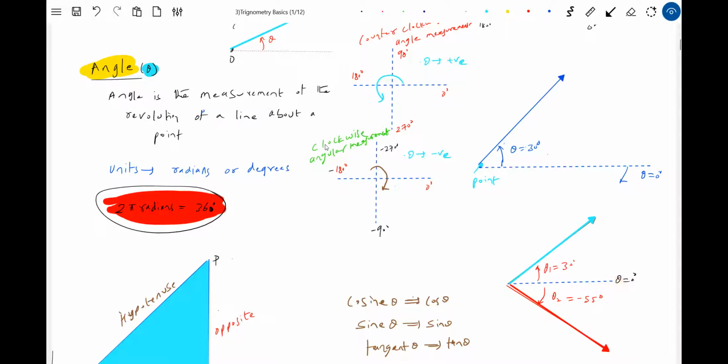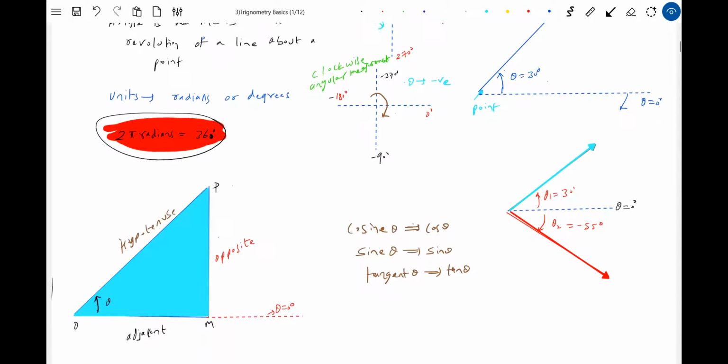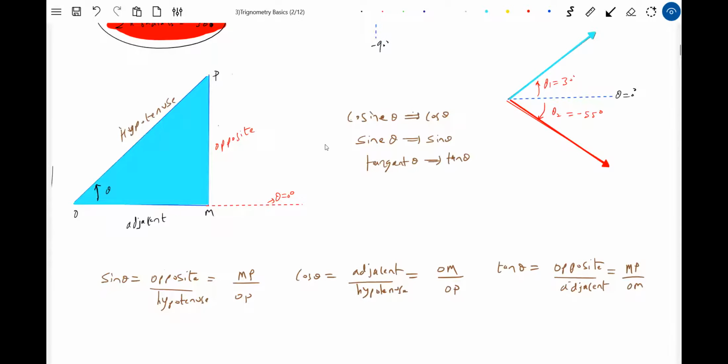Now let's draw a triangle. I think everyone knows a triangle has 3 sides and 3 angles. Let me define this as theta. First we will define sine of that angle theta. What is this theta? The angle made by the hypotenuse with the reference theta equals 0 degree line.